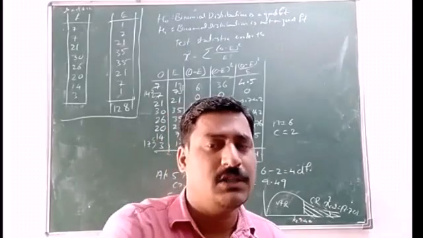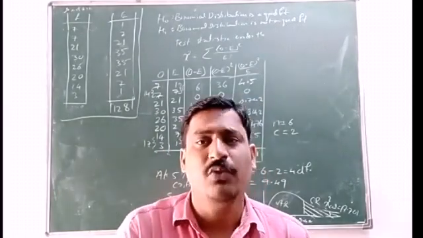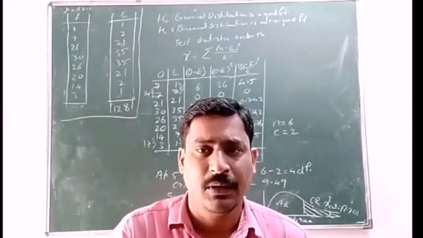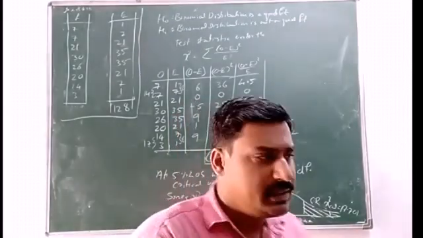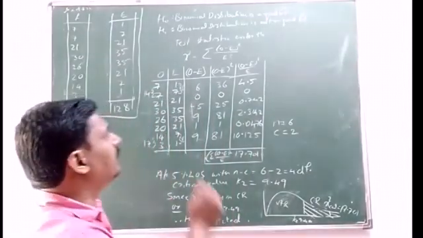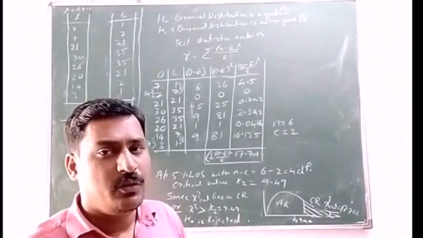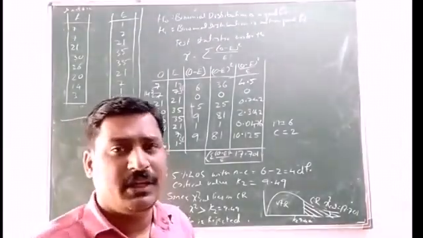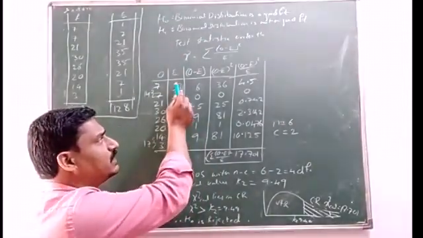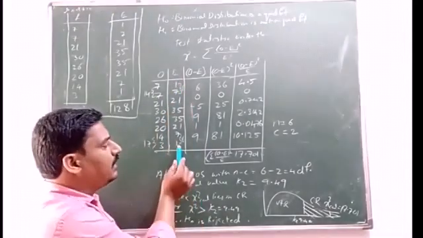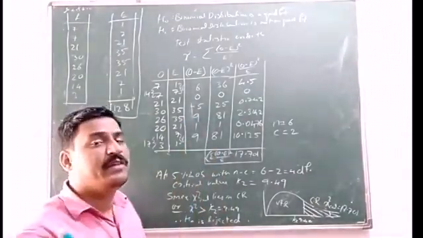In the calculation of mean and finding the p value, we took n as 7, but here n is not 7, because we made certain adjustments. Wherever the expected frequency is less than 5, we are making adjustments with the adjacent frequencies. So here we have made two adjustments. The first frequency is 1, which we added with the next frequency, and the last frequency is 1, which we added with the previous frequency.